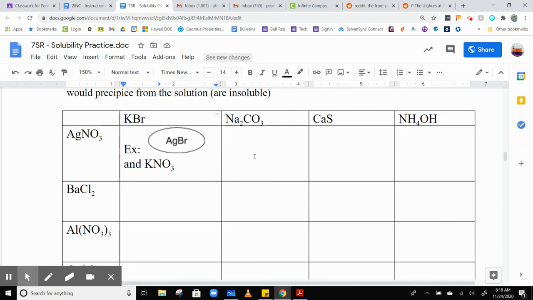So for example, here you have AgNO3 and Na2CO3. So you're going to have Ag, and this is going to be 2 CO3. The reason you have two Ags is because CO3 carbonate is a -2 charge. And we know it's a -2 because sodium is a +1 and we have two of them.